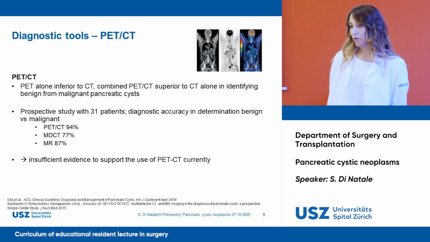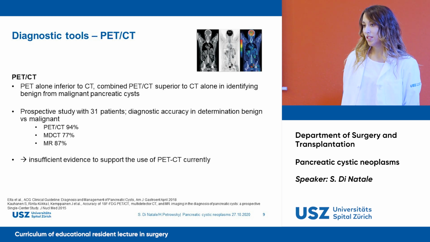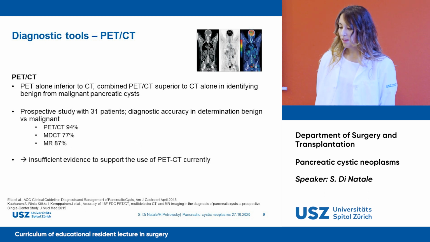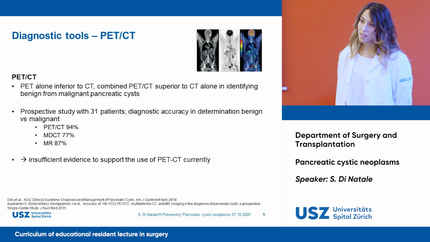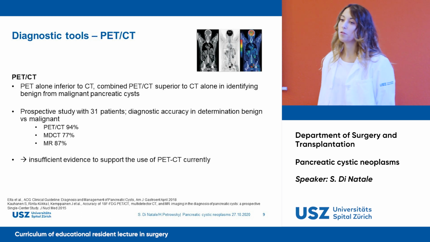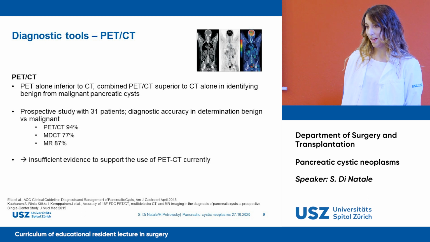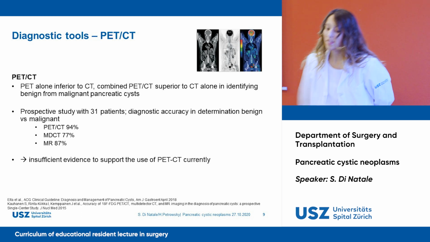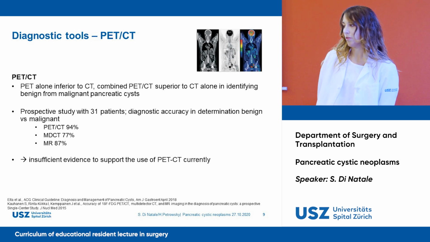A recent prospective study of FDG PET-CT, multi-detector CT, and MRI combined with MRCP found a diagnostic accuracy in determining benign from malignant pancreatic cyst of 94% for PET-CT, 77% for multi-detector CT, and 87% for MRI. Despite these initial promising results, there is insufficient evidence to support the standard use of PET-CT currently.